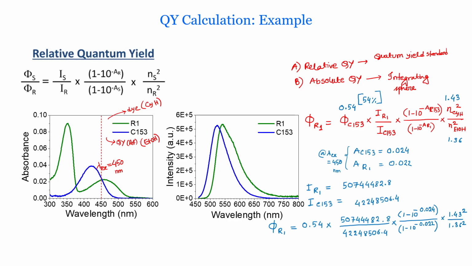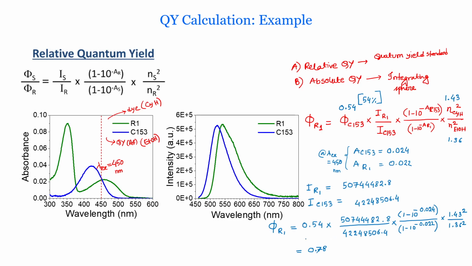This is done into 1.43 square divided by 1.36 square, which is 0.78. We are getting a quantum yield value of 0.78.